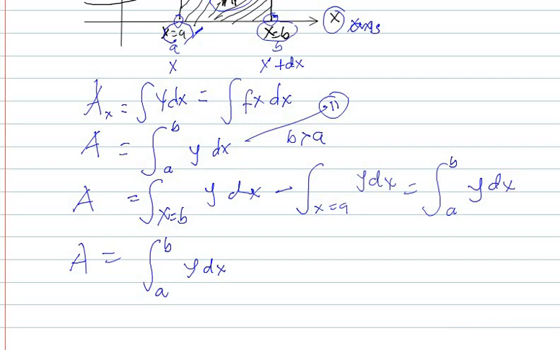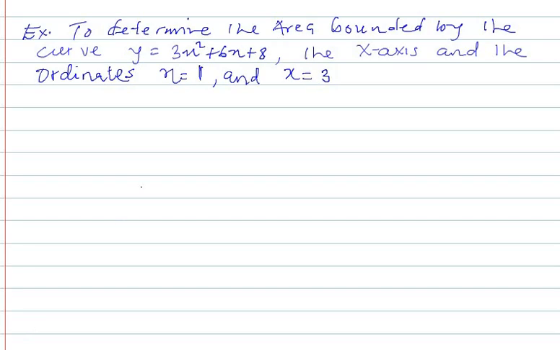So let's take simple questions and see. The question given is to determine the area bounded by the curve y is equal to f of x, which is equal to 3x squared plus 6x plus 8, and the x-axis and the ordinates x is equal to 1 and x is equal to 3.